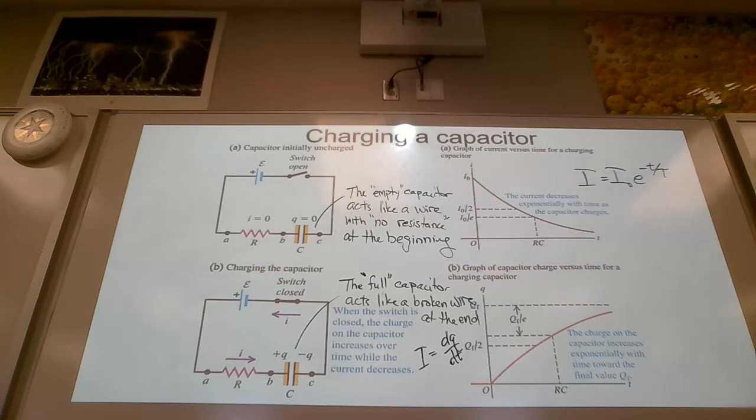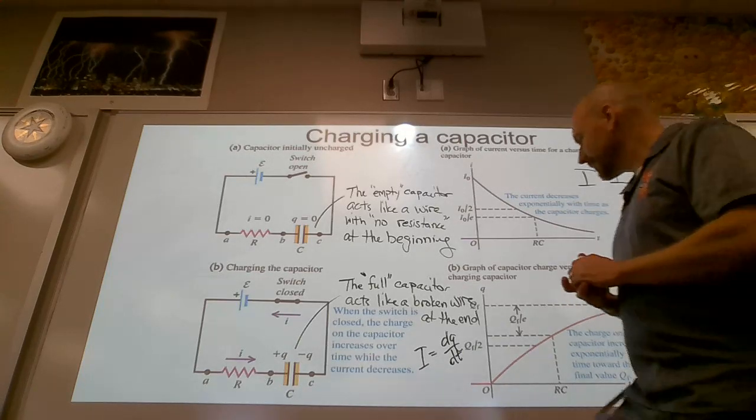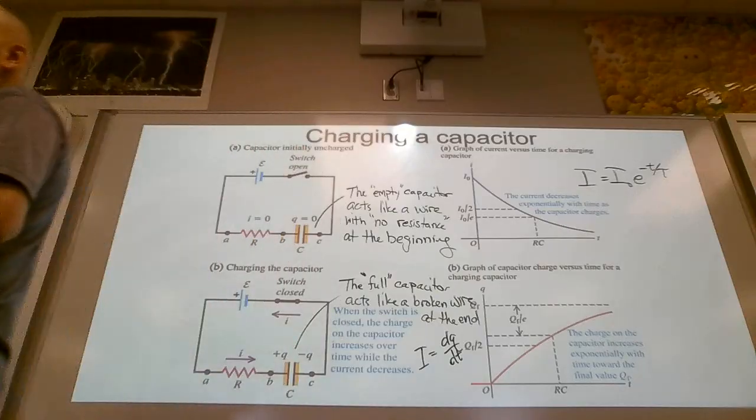Would the capacitor on the top before the switch is closed not charge a little bit if the positive voltage from the battery is touching it? Yes, they would. But we're going to consider that zero.